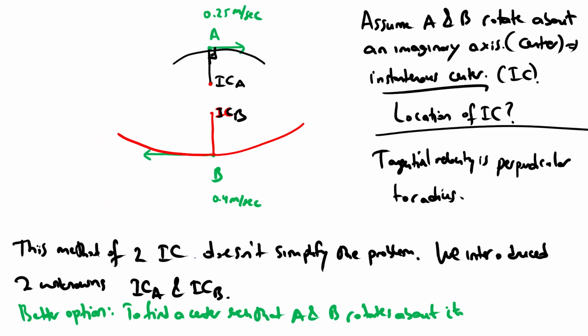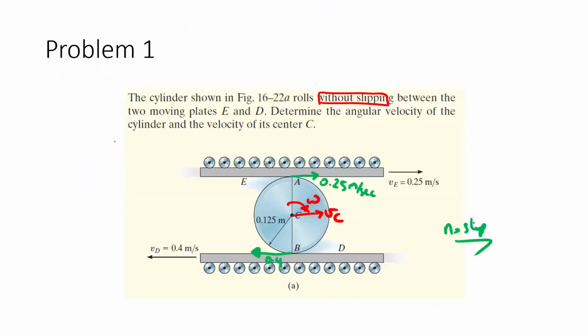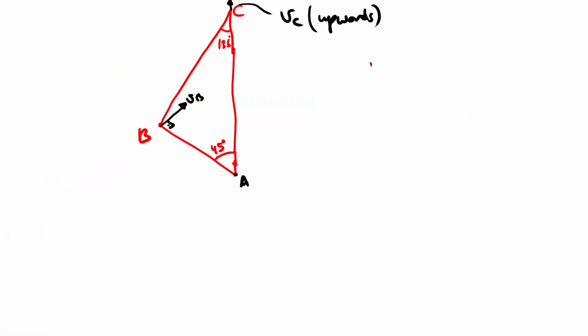If you remember this image here, the instantaneous center is perpendicular to these velocity vectors. So if I find an instantaneous center for C and for B, it should be perpendicular. Let's find it first for C. We can assume that C makes a circle something like this, and it will have a 90 degrees here. I don't know where it will end, but at some point it will have an instantaneous center.